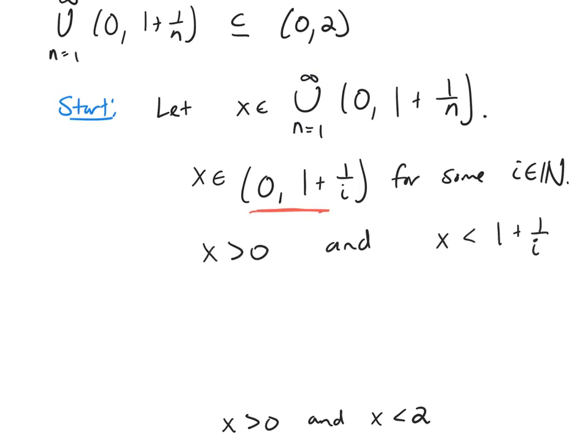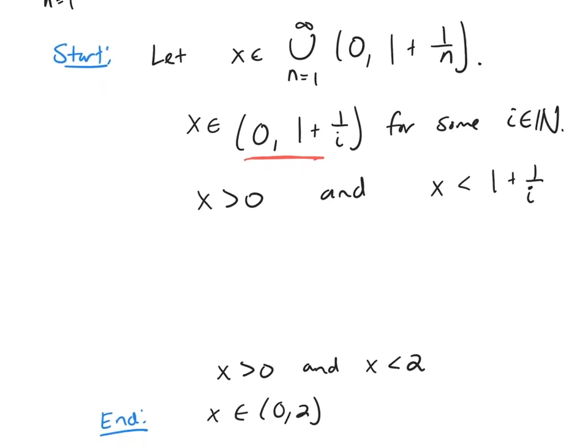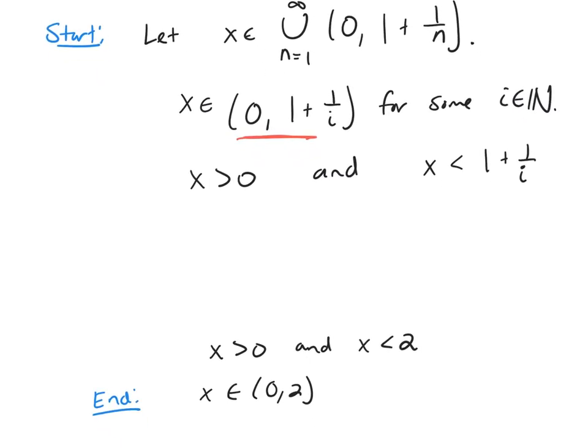Well, we've already got half of what we needed to get. I needed x to be bigger than 0, and that's what I've already got. So all I have to do is take this other thing on the right here and somehow get that x is less than 2. So let's think about this.